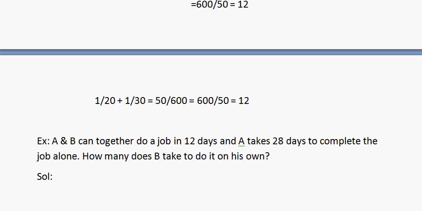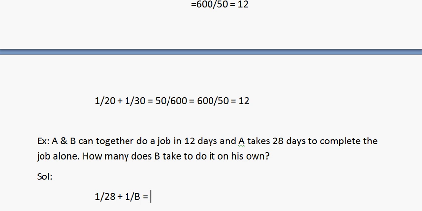So let's do it. A can do the work in 28 days, which means A's 1 day work was 1 by 28. Let's assume B takes B days. So B's 1 day work would become 1 by B, right?